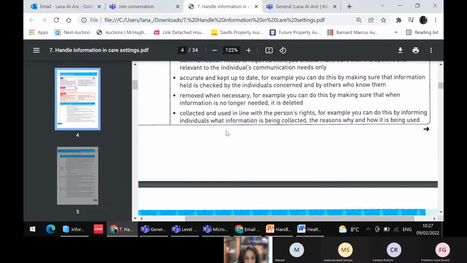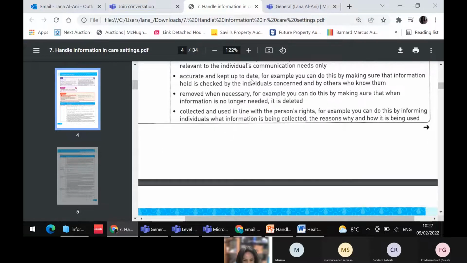And also need to be accurate and up to date. There is no point having wrong information about the person. Like even now, as in the college, to be honest, we have lots of information about each one of you. There is no point me having a wrong phone number and wrong email for each one of you, because how can I contact you later on? So we need the information to be up to date at all time and accurate.